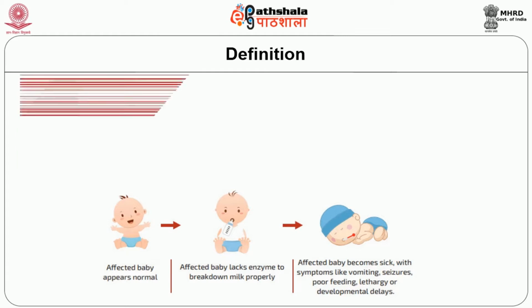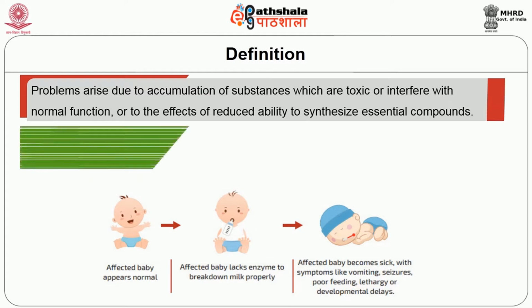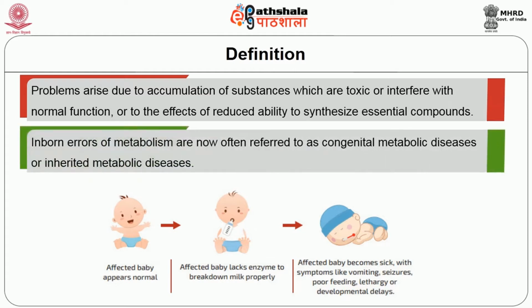In most of the disorders, these problems arise due to accumulation of substances which are toxic or interfere with normal function, or to the effects of reduced ability to synthesize essential compounds. Inborn errors of metabolism are now often referred to as congenital metabolic diseases or inherited metabolic diseases.